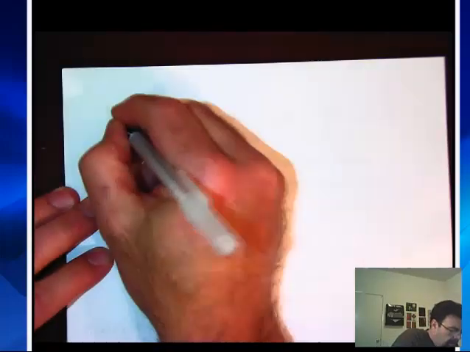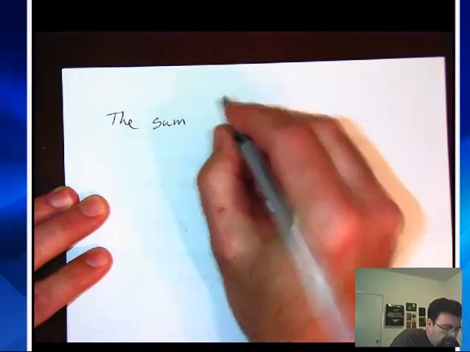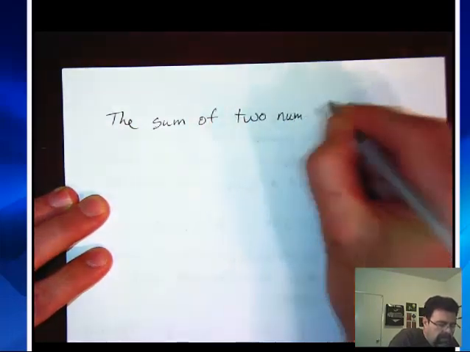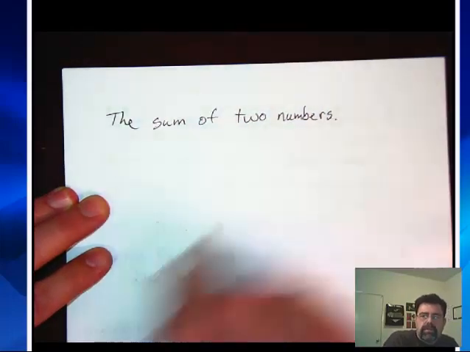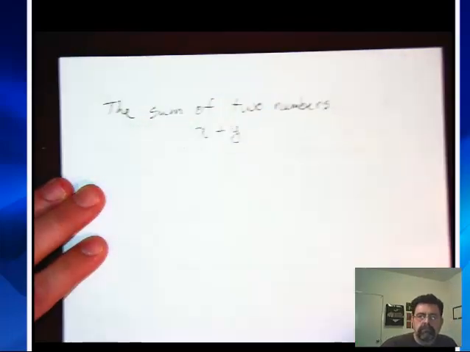Okay, so the sum of two numbers. We can start off with something simple like that. Basically the way you would translate it would be x plus y.